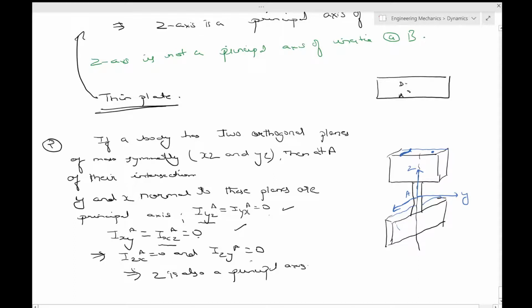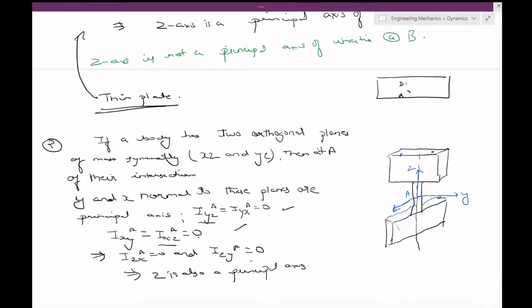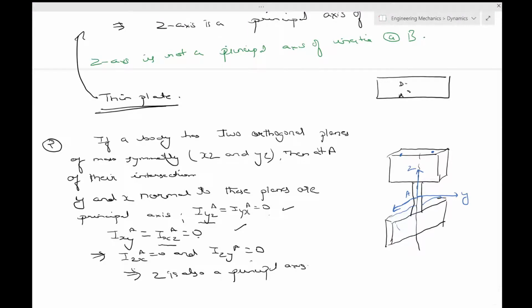Sorry, I'll repeat this once more. I think I got something wrong over here. I'll use a different color so that I don't confuse myself. Let's look at the XZ plane. This is symmetric about the XZ plane because all three parts of it are symmetric about this.